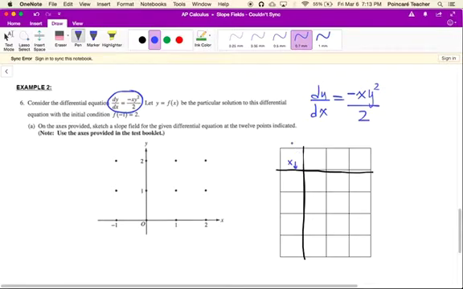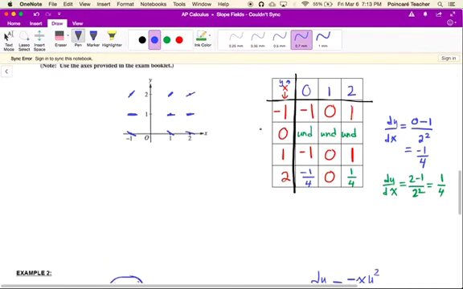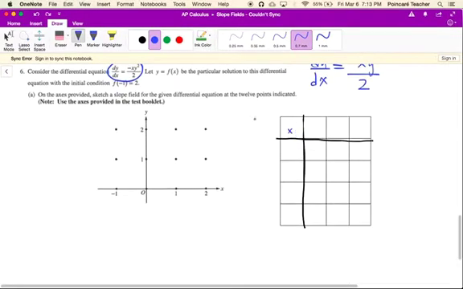I'm going to list my y's the other way. So my x values are negative 1, 0, 1, 2, same ones as before. And my y values are from 0 to 2. So 0, 1, 2.